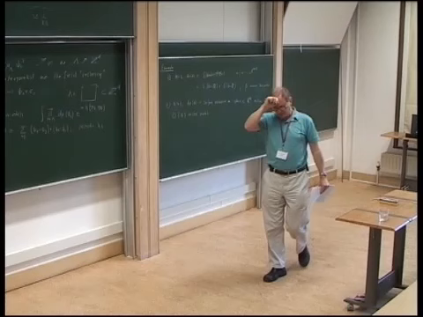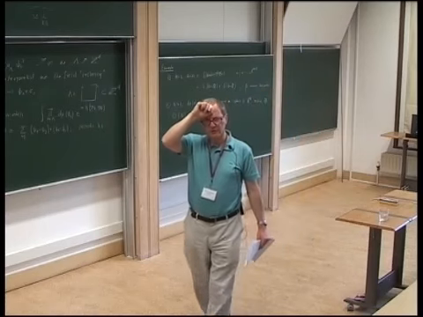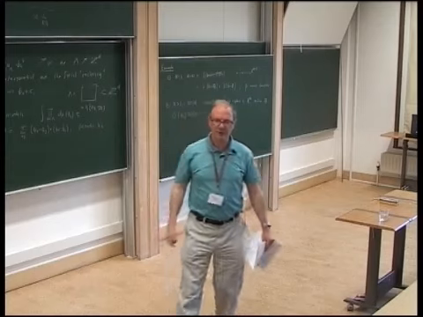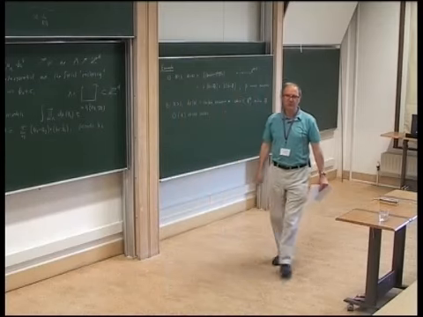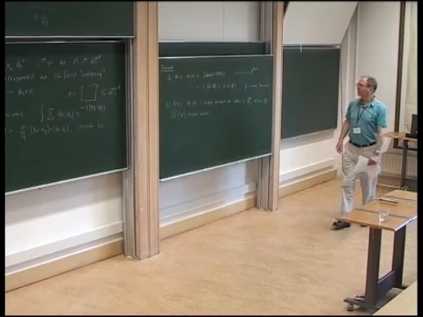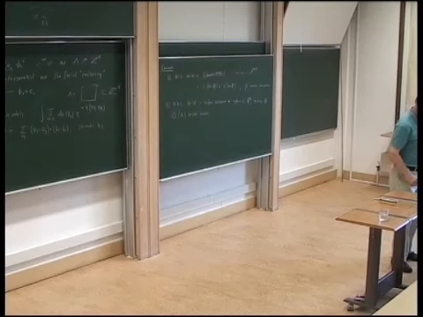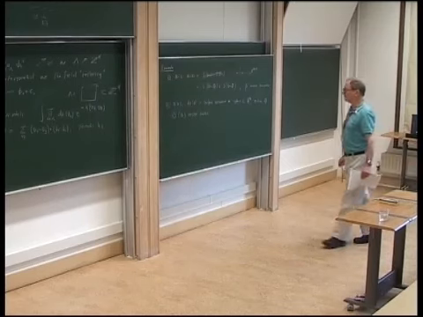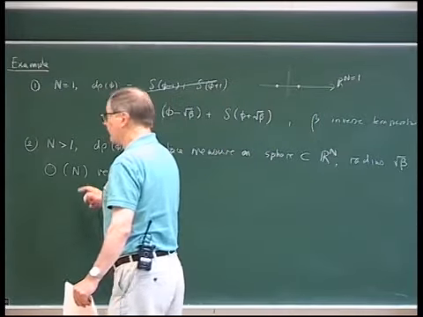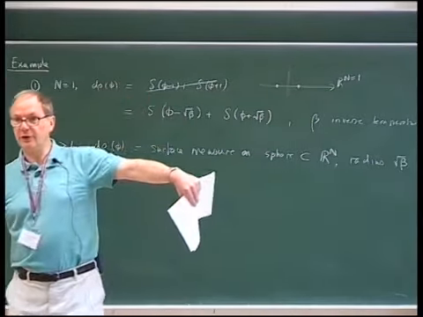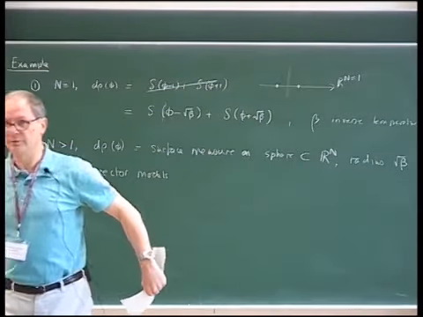Is O(1) that, or is O(1) a circle? That's O(1). O(1) is Z2. Z2, yes, right, good. Okay, so that's only a discrete symmetry, right? So the Ising model has a discrete up and down global symmetry. And then the question would be, will it remember that as the boundary is taken away or not?